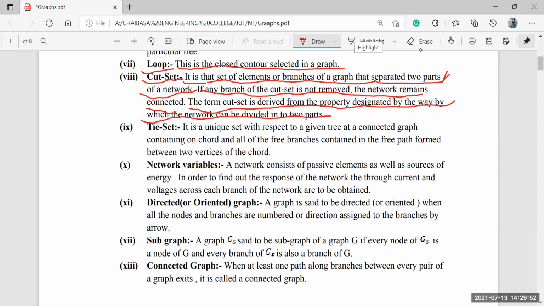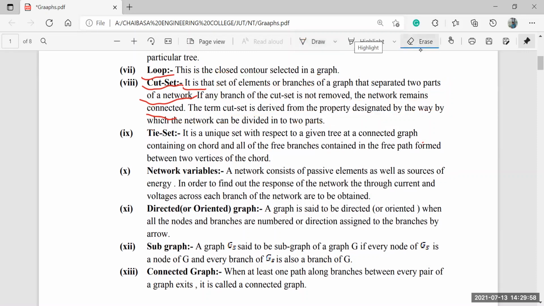So what is a cut set? It is a set of elements or branches of a graph that separate two parts of a network.